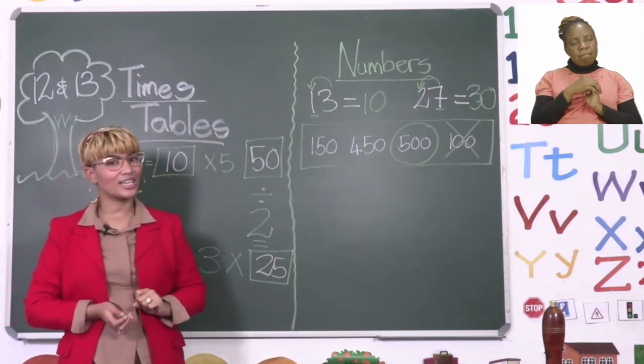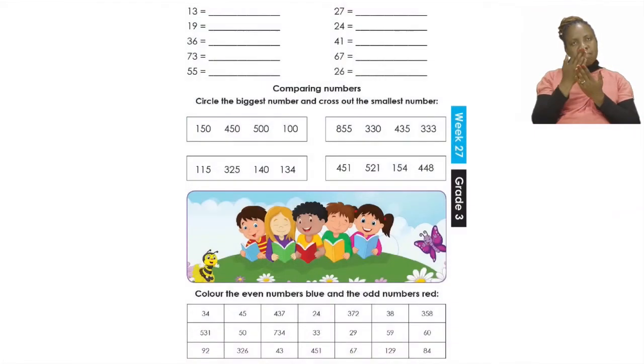Quickly go to page 13 in your booklets one more time. Here we have to do some coloring, and we have to look out for even numbers and odd numbers. It says, color the even numbers blue and the odd numbers red. Remember, even numbers blue and odd numbers red. The first number is 34.